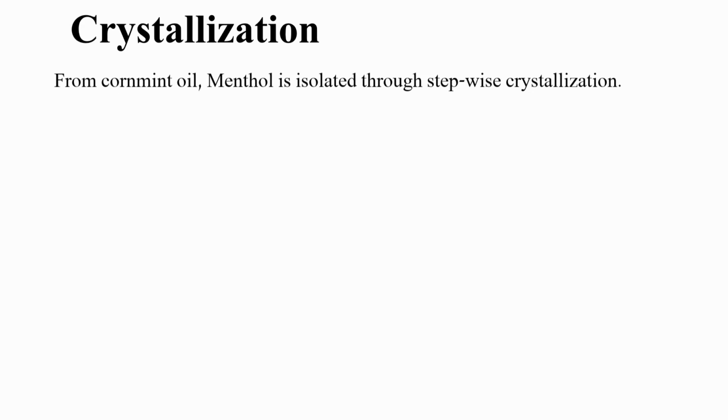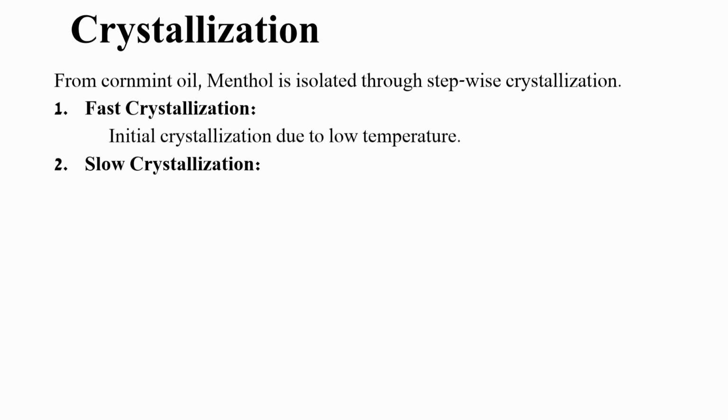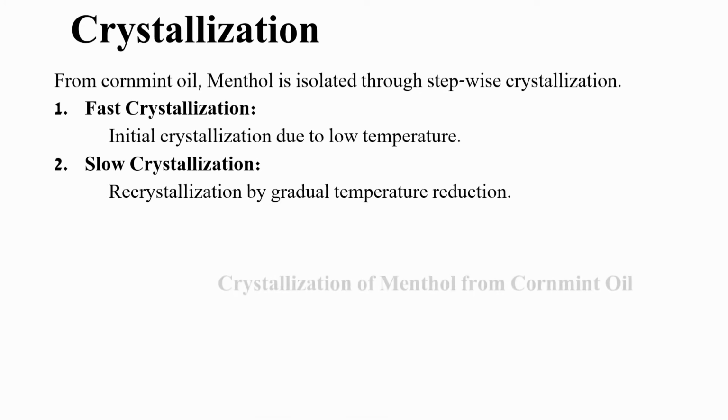The next step is crystallization. From cornmint oil, menthol is isolated through stepwise crystallization such as fast crystallization and slow crystallization. Fast crystallization is the initial crystallization due to low temperature, whereas slow crystallization is the recrystallization by gradual temperature reduction.